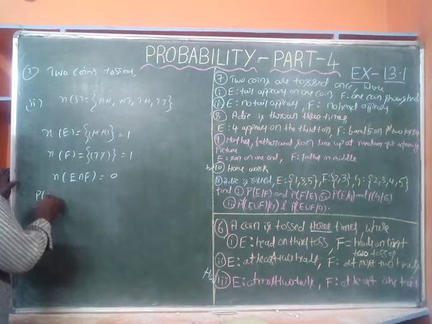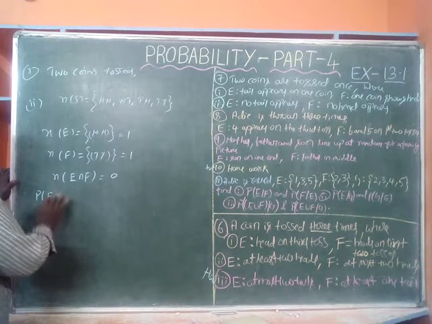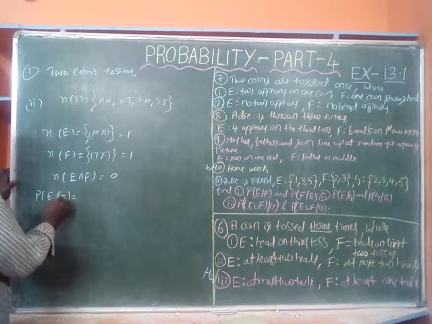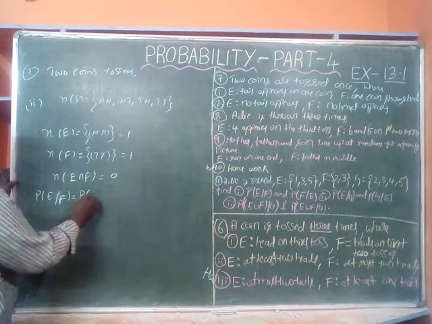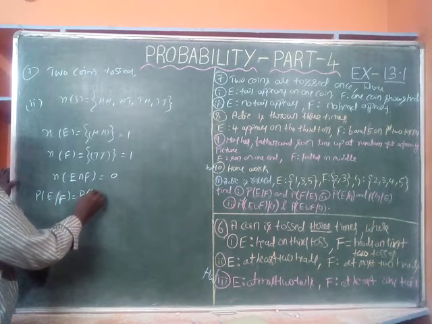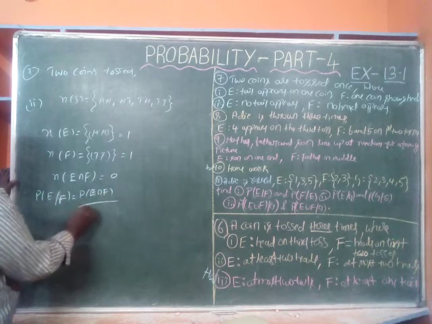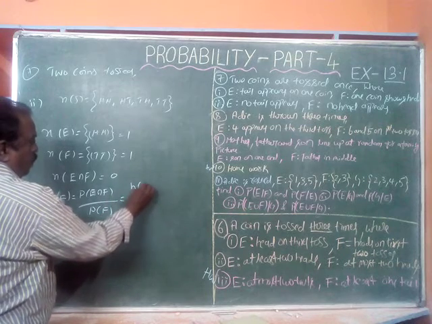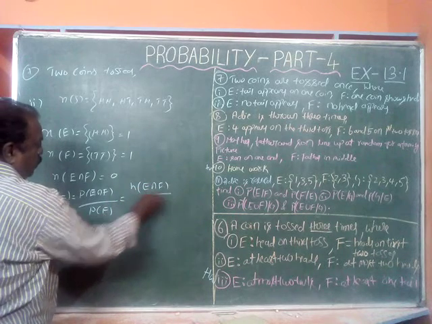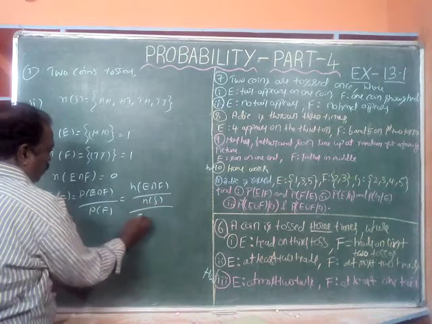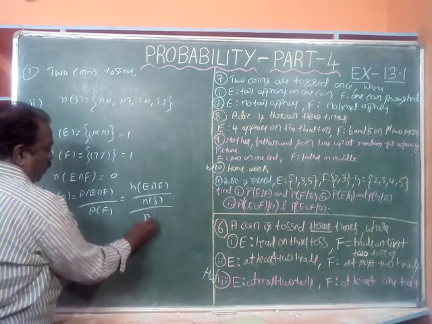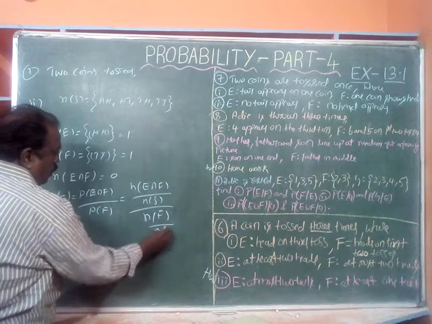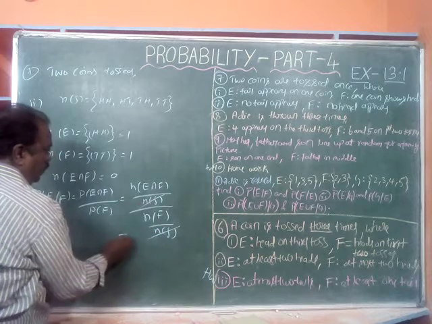So P of E given that F is equal to P of E intersection F by P of F. That is N of E intersection F by N of S, by N of F by N of S. N of S cancels.